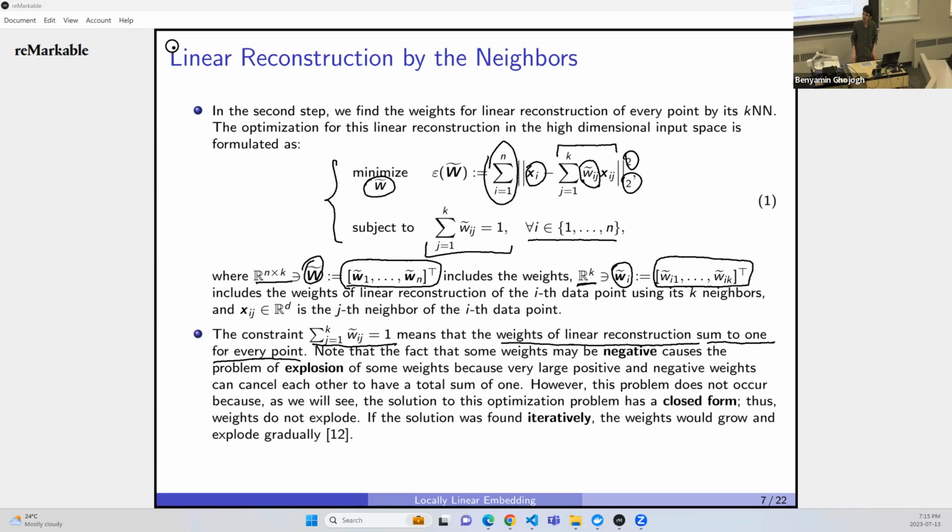But there is a problem. Can you tell me what the issue is with this constraint, summation of wij tilde equals 1, where wij tilde is the optimization variable? There is a big issue with it.